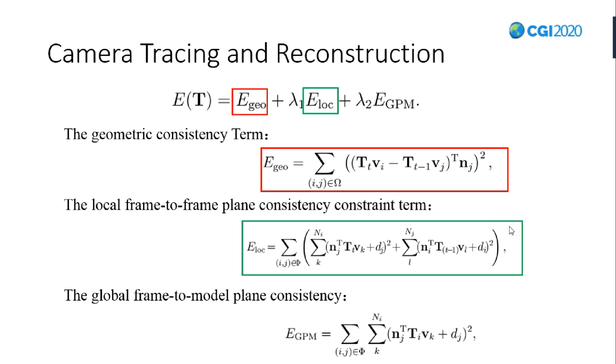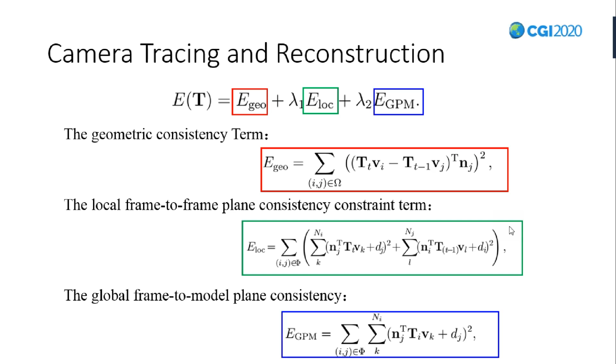This is the local frame-to-frame plane consistency constraint term, which makes the corresponding planes between consecutive frames align as much as possible. This is the global frame-to-model plane consistency term, which ensures the corresponding planes between the current frame and the global plane map are aligned as much as possible.